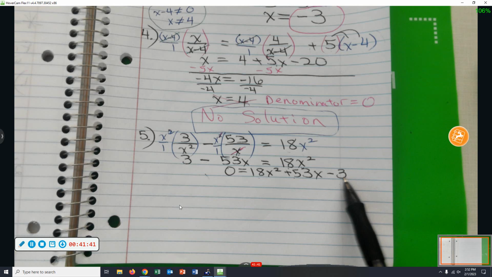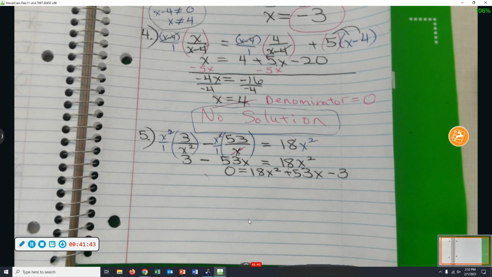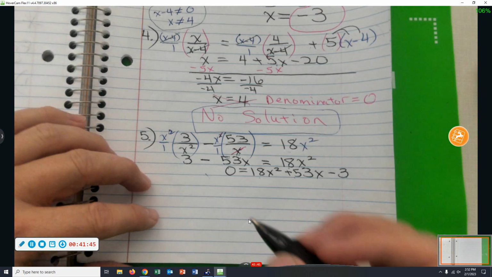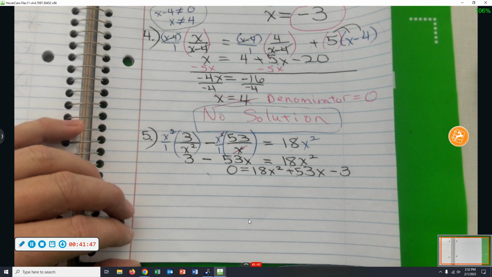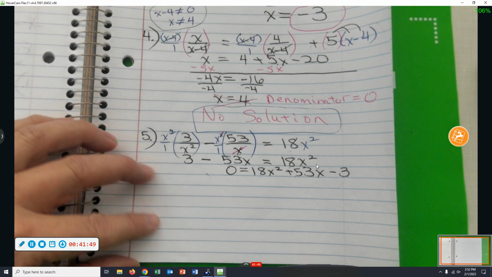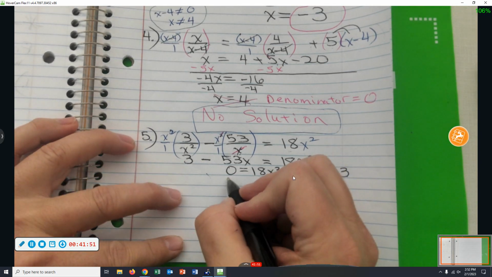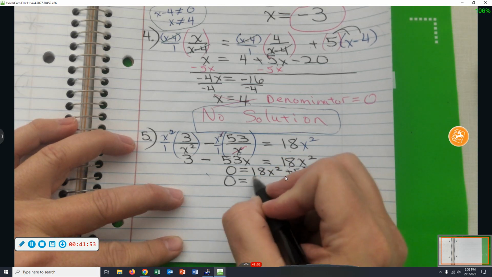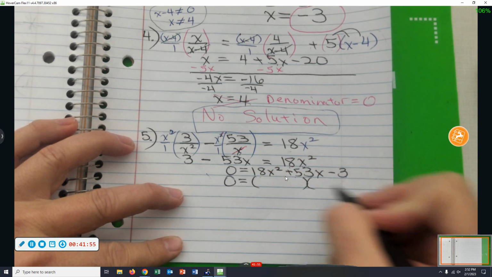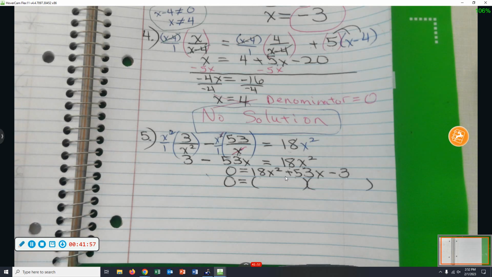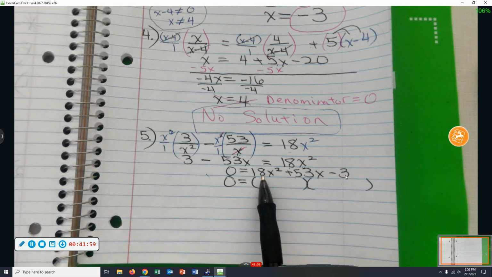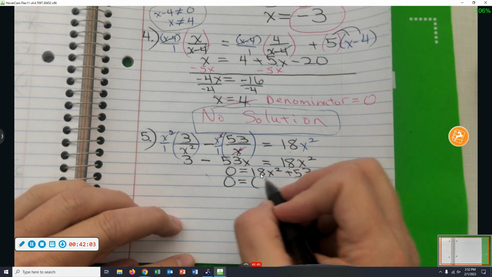If you use 3 and 6, you're going to wind up with a common factor inside the parentheses. In order to get all the problems done that I want to get done, I'm going to try to rush on the factoring. You can practice your factoring, but we're going to have to rush on this. I believe we need to use 1x and 18x.